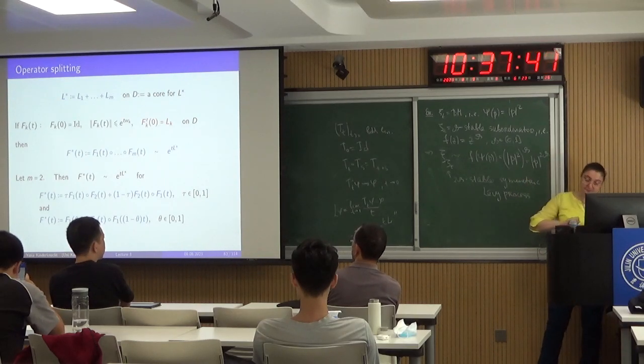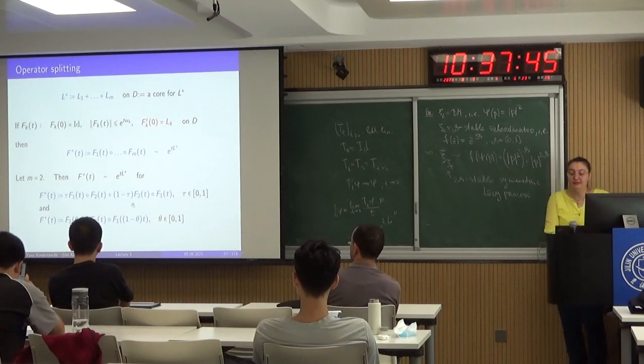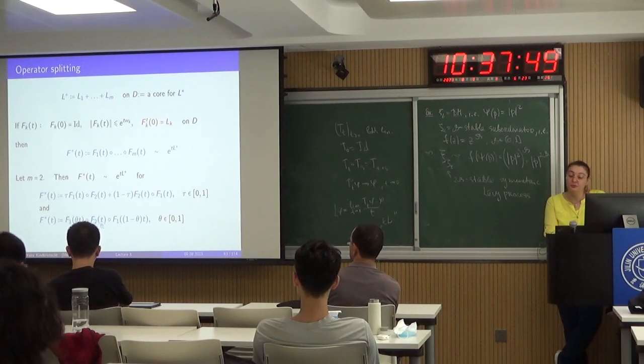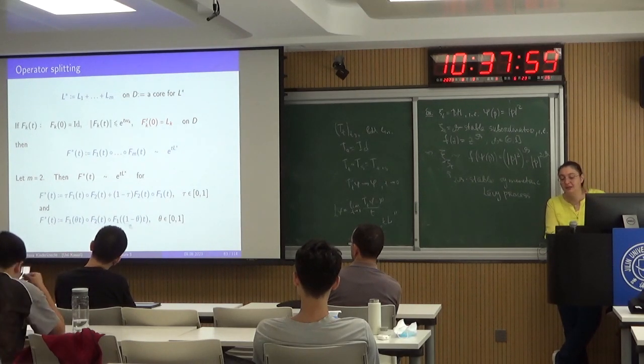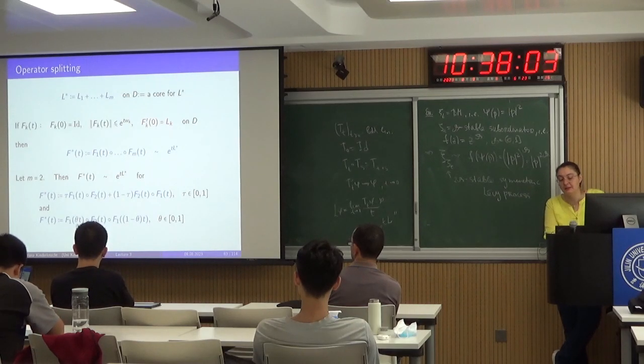Moreover, I can go even further. I can apply a little bit of F1, then I apply F2, and then apply the rest of F1. This is written here. So here t, here a little bit less than t, here t, and here again a little bit less than t.